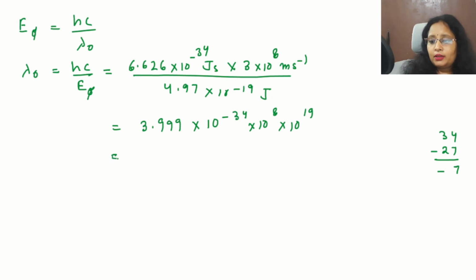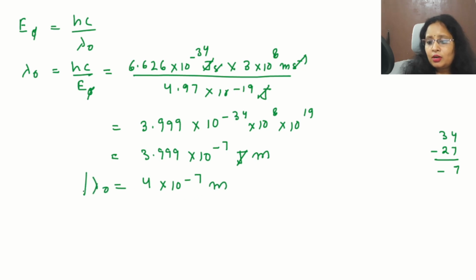So we get 3.999 into 10 to the power minus 7. Joule and joule cancel out, second and second cancel out, and meter is left over. So we can write it as 4 into 10 to the power minus 7 meter. That is the threshold wavelength.